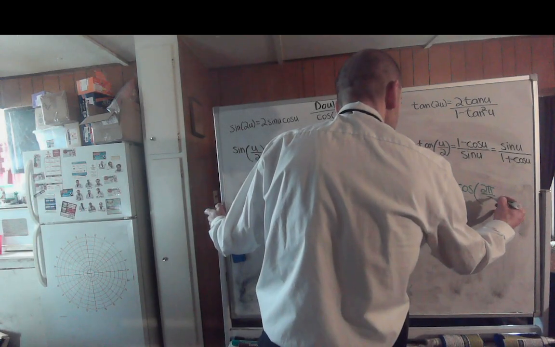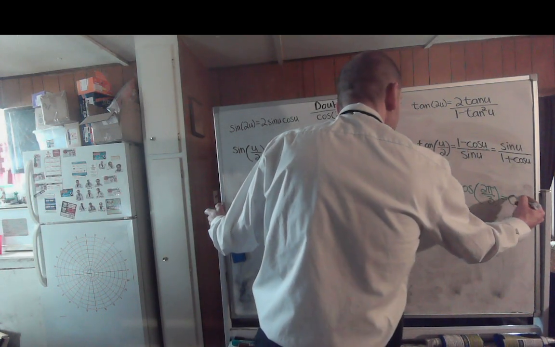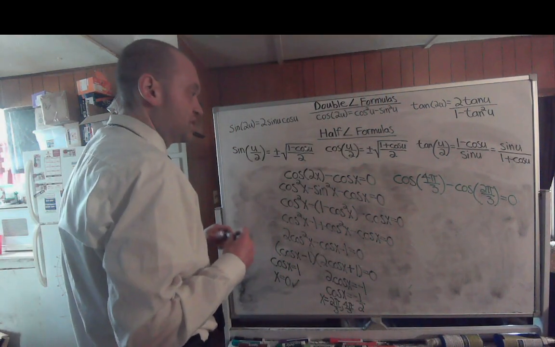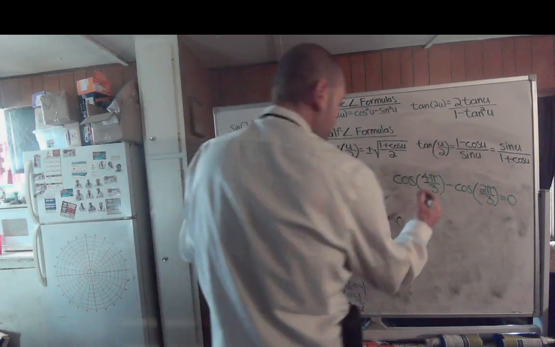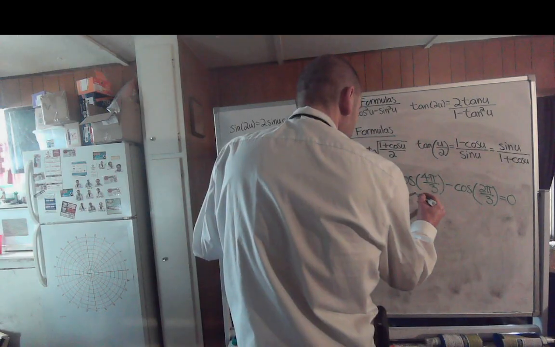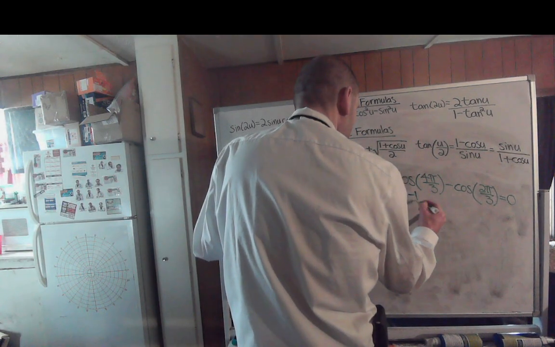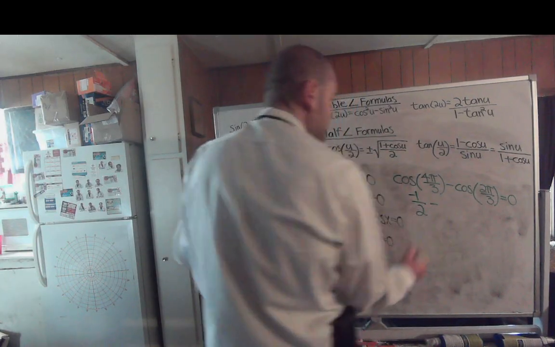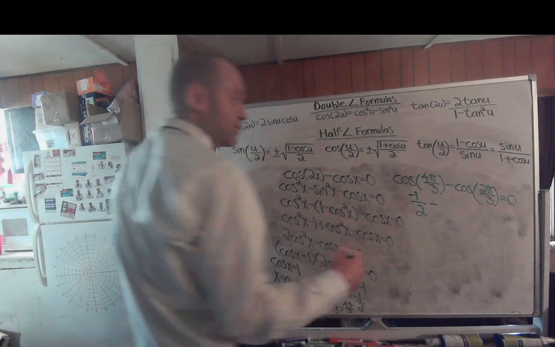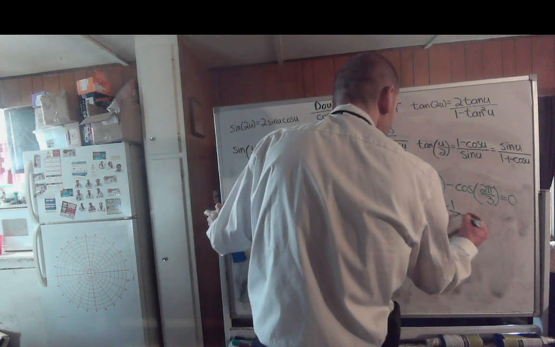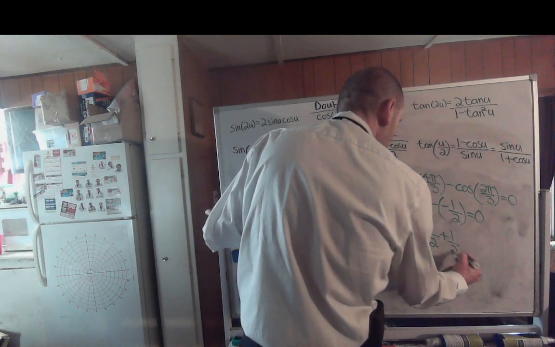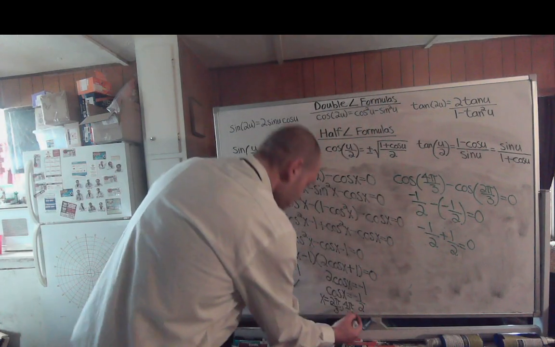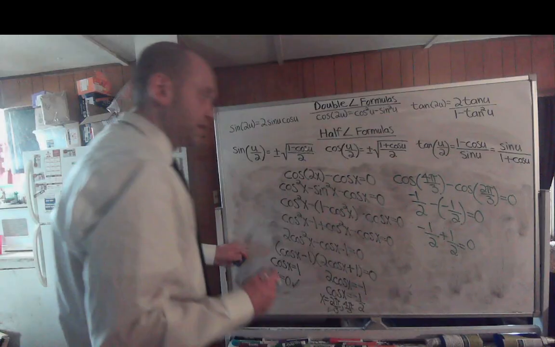Let's see if that equals 0. What is the cosine of 4 pi over 3? That's just going to end up being negative 1/2, right? You end up getting negative 1/2 minus, what is the cosine of 2 pi over 3? That's also negative 1/2. Well, that would end up giving you negative 1/2 plus 1/2 equals 0, which we know to be true. So 2 pi over 3 is definitely going to check out.